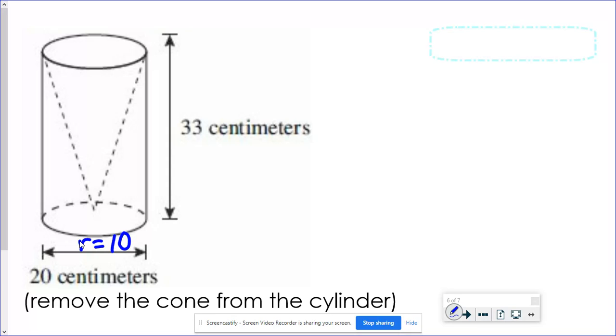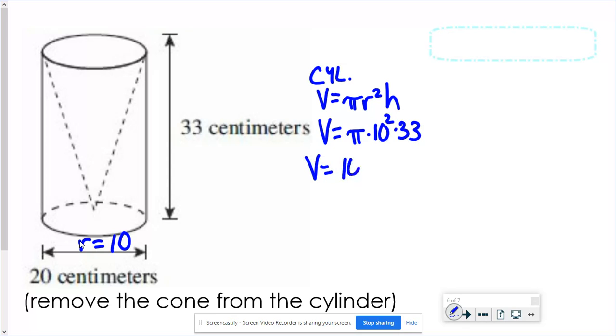So when I take my cylinder, volume is pi r squared h. So pi times 10 squared times 33. So 10 squared we know is 100 times 33 and then times pi. It's going to give me 10,367.26 when I round.